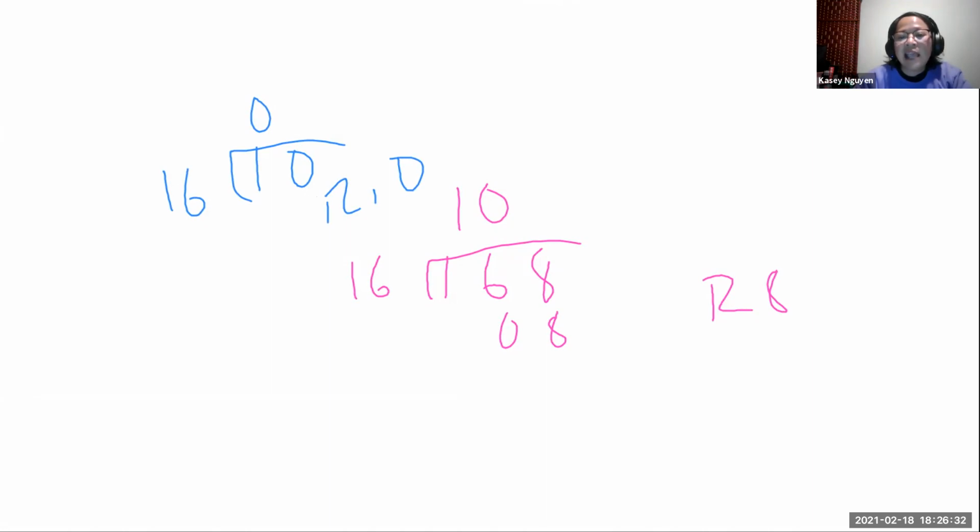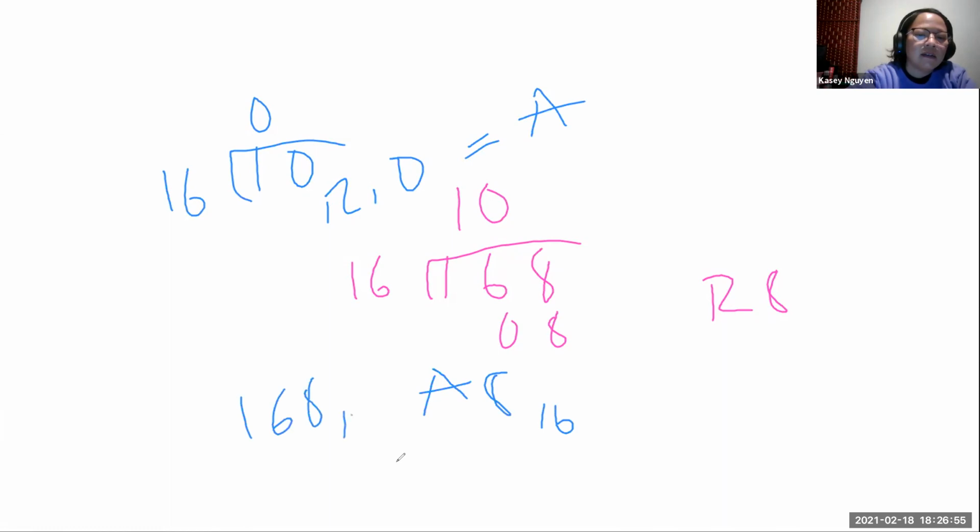It is A8. And why is it A8? Well, this 10 right here is going to be equal to A, and 8 is 8. So since this is the last step, it's going to be written out as A8. Okay, so that is 168 in hex.